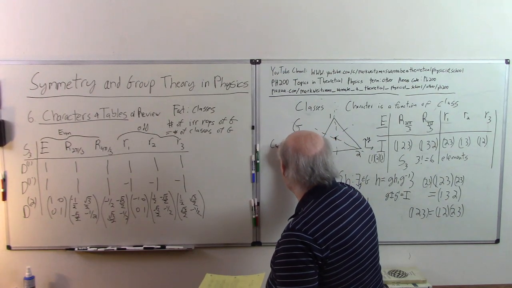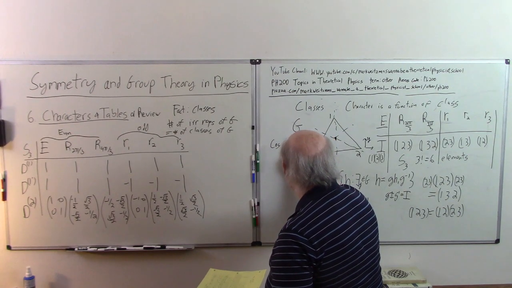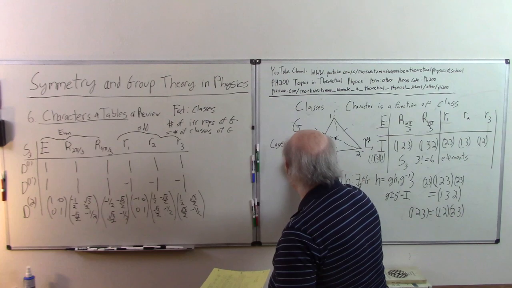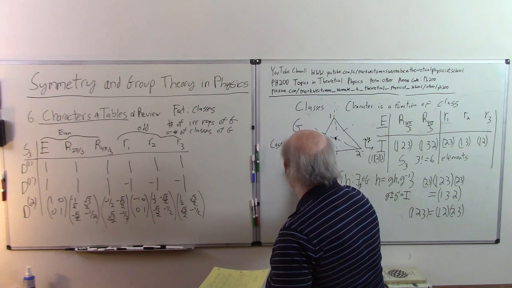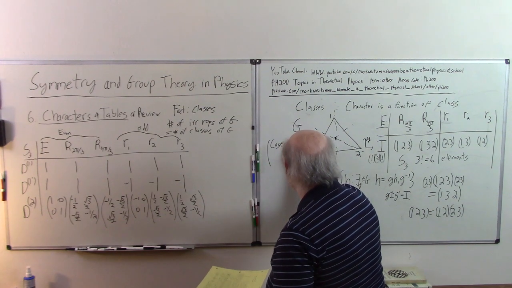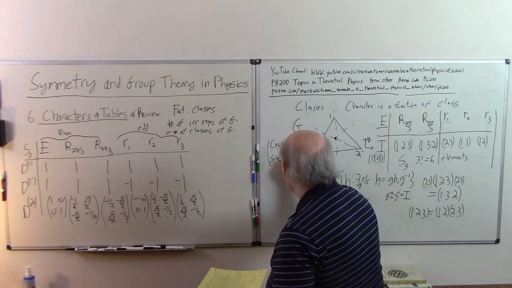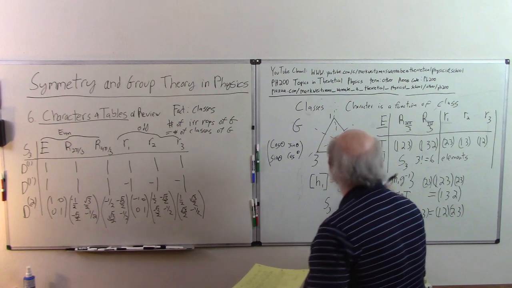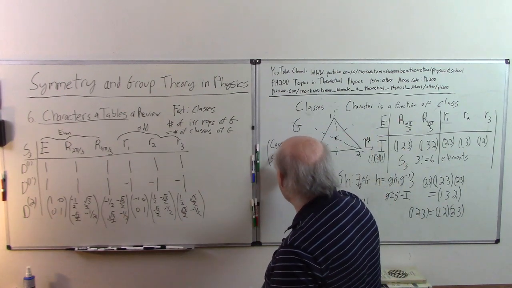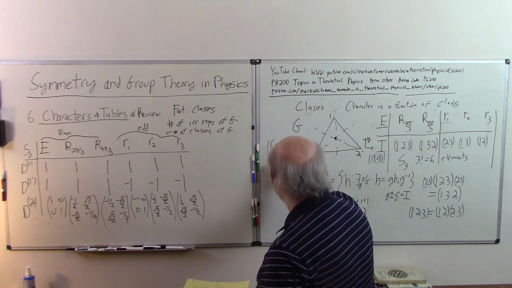And if you remember when we do rotations in physics in 2 dimensions, cosine theta, sine theta, it's always a question of where you put the minus sign. Well, let's see if I did it right. Here I have theta equal 2 pi over 3, which is 120 degrees, right?